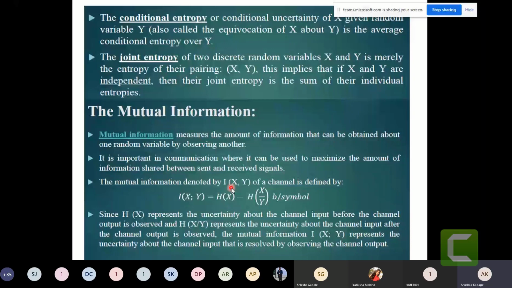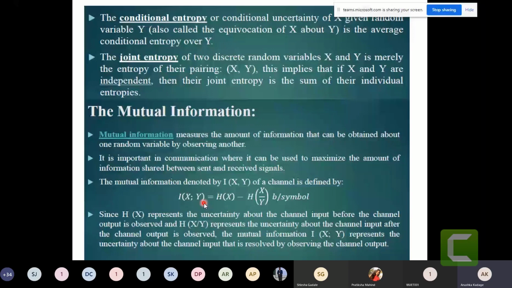To indicate mutual information we have I, the information indication, but in the brackets, instead of either x or y, we have both parameters x and y separated by a semicolon. Whenever we observe the notation I of x semicolon y, we understand it is the mutual information parameter, because information is simply associated either with x or with y.